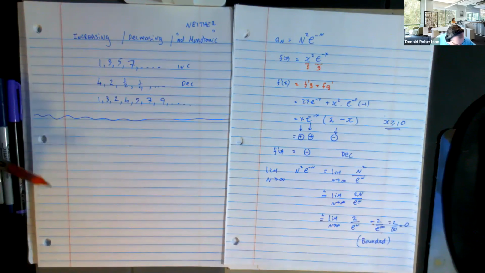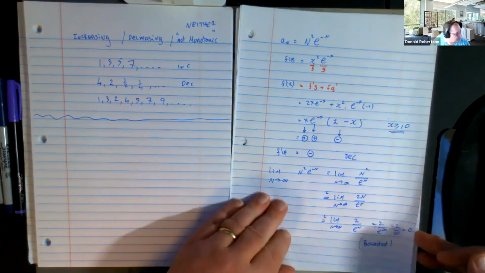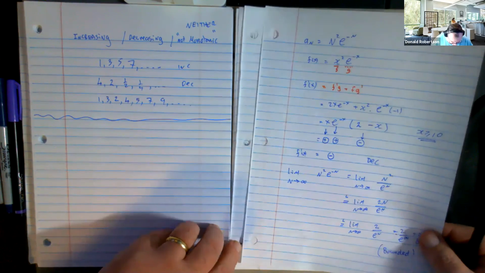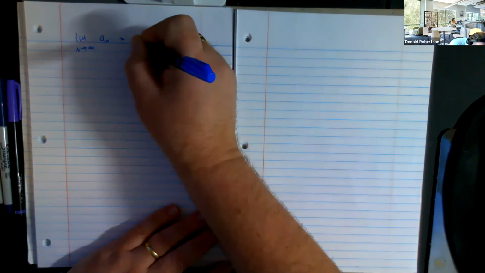So now we are going to look at limits of sequences, just limits. Now they use some terms here, so let me show you what that looks like. If you find the limit of a sequence and it's equal to a number, any number, right?